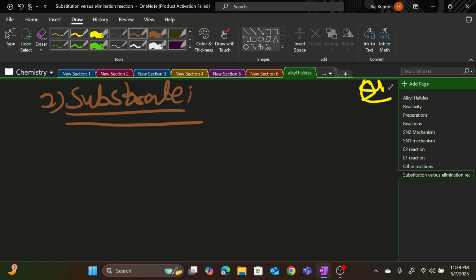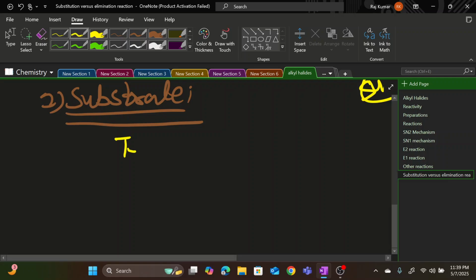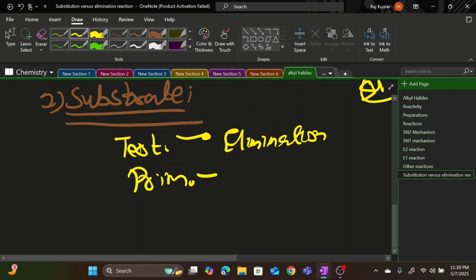So tertiary alkyl halide will favor elimination, and primary alkyl halide will favor substitution.